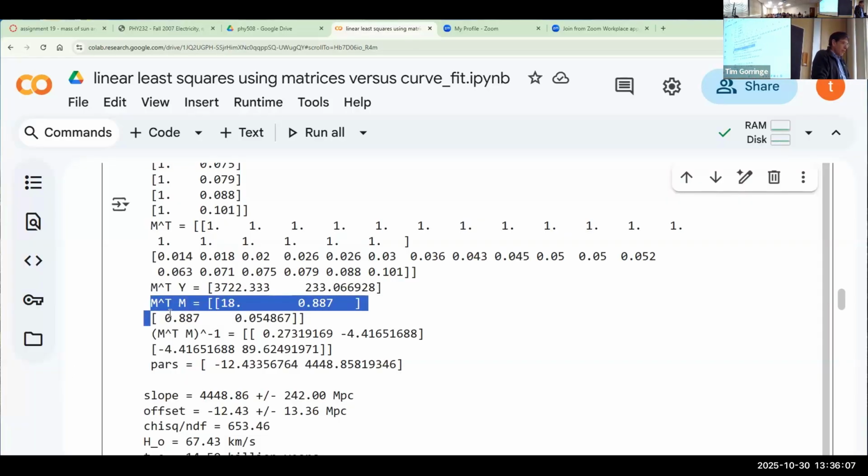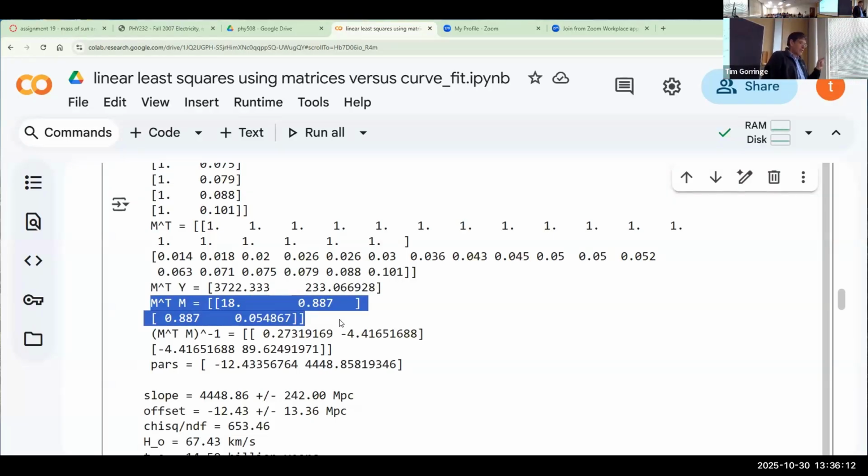The product of the matrix M and its transpose is just going to be a 2x2 symmetric matrix. Here's what that looks like. You see it is symmetric. The inverse of that, the inverse of a 2 by 2 matrix, is a 2 by 2 matrix.